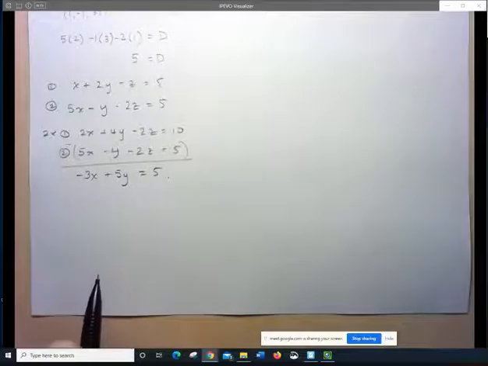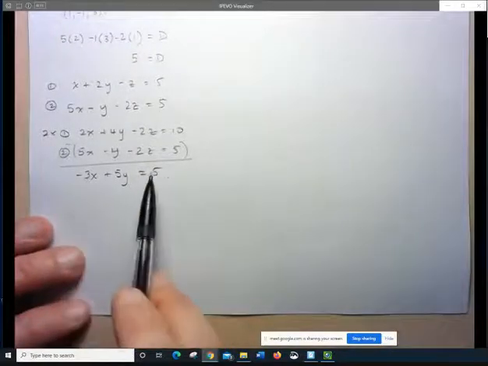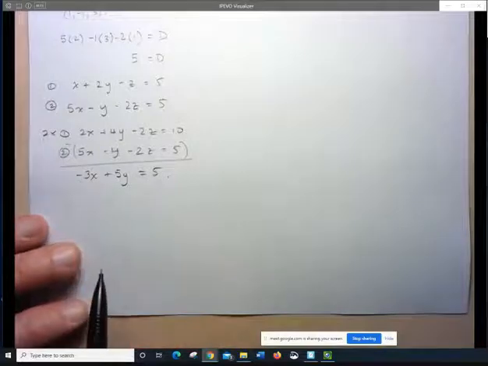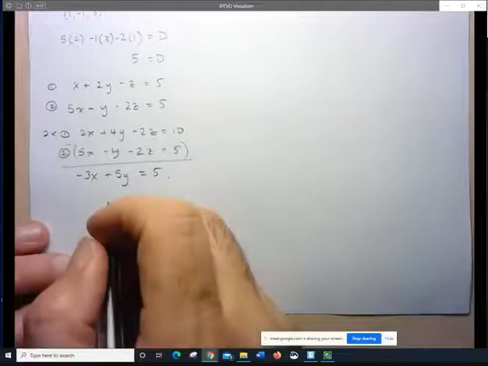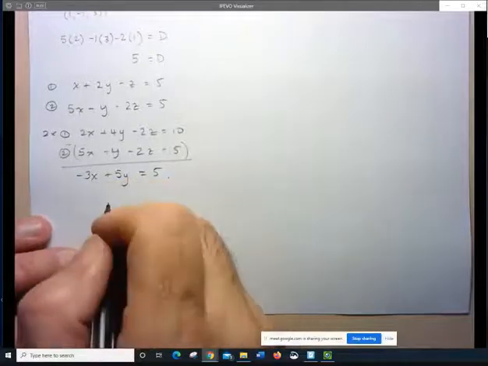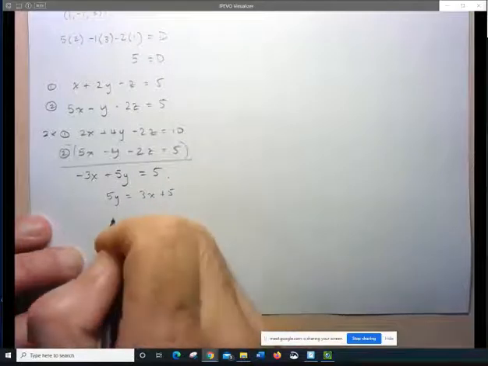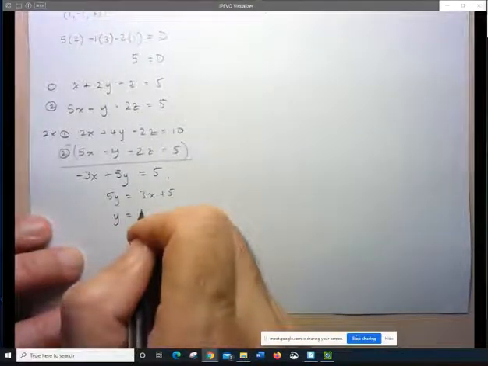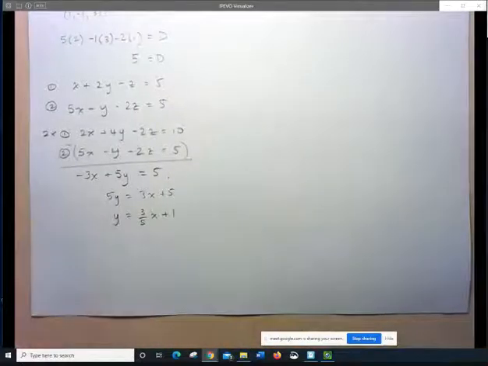I'm going to solve for y just so that I have only one fraction instead of two because of this 5 here. Otherwise, there's no way to completely eliminate any fractions. So 5y equals 3x plus 5. So y is 3 over 5 x plus 1.